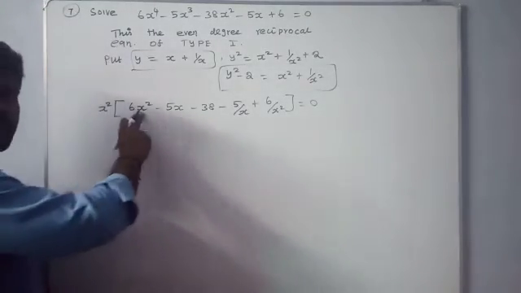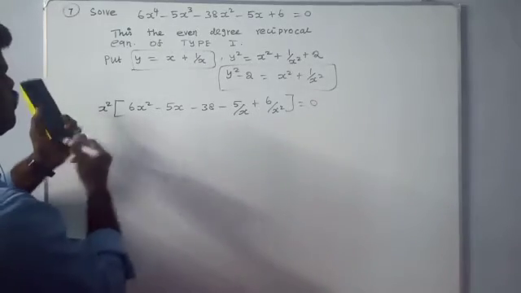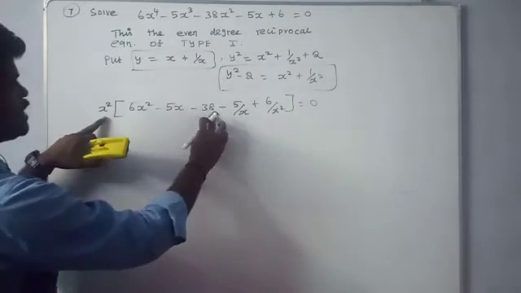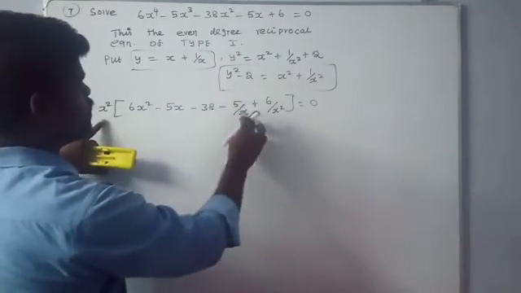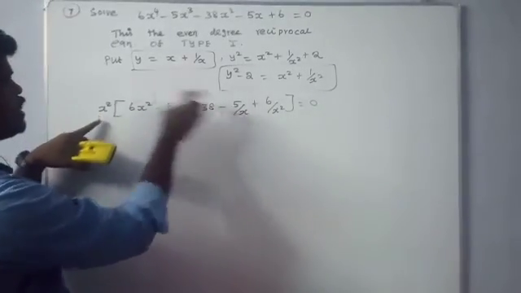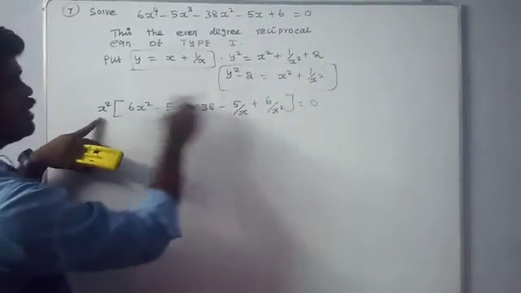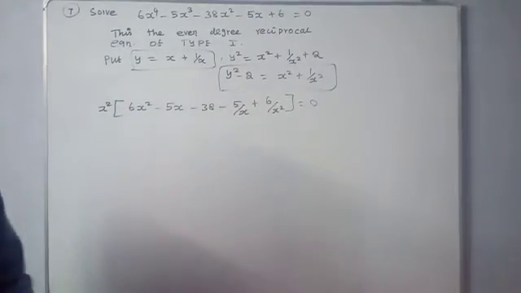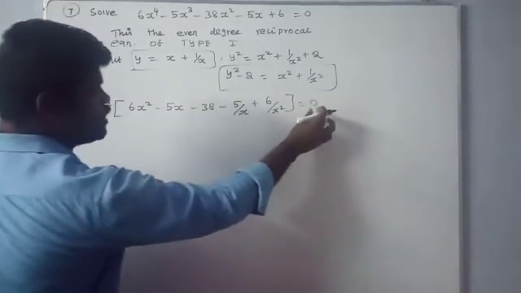Let us check it: x square into 6x power 4, and minus 5x into x square is minus 5x cube, and minus 38x square, and here minus 5x into x square, cancel x square and x, minus 5x is there, and cancel x square, the answer plus 6 is there. So this is the required form.